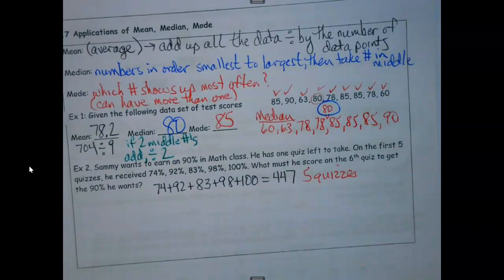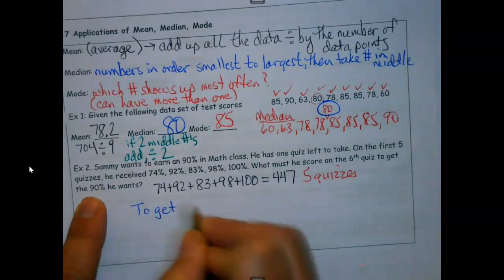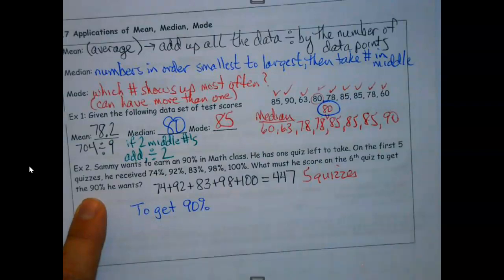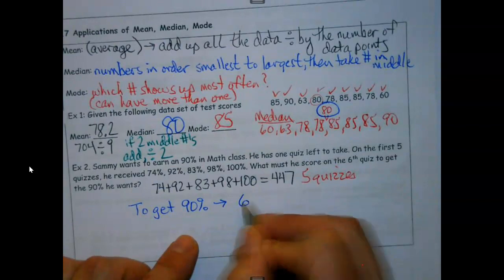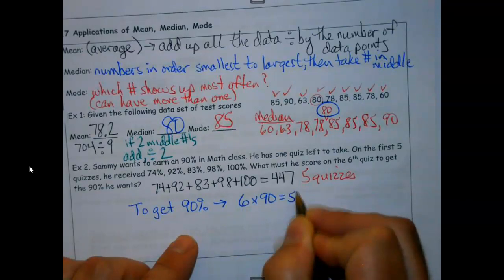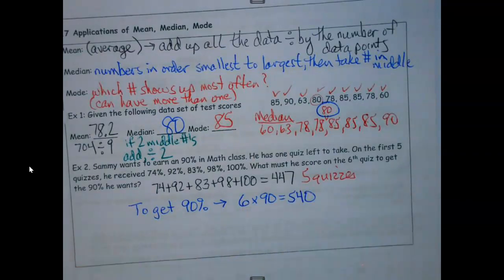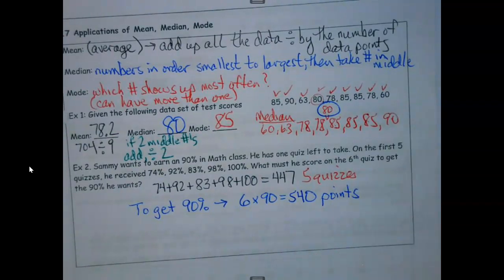So here comes the mystery. Here's how we're going to make this simple. He wants to average 90, okay? So to get 90%, he would have 6 quizzes that were 90 each. So he would need 540 points after the 6 quizzes to get to 90.